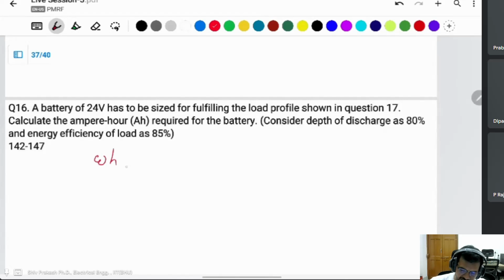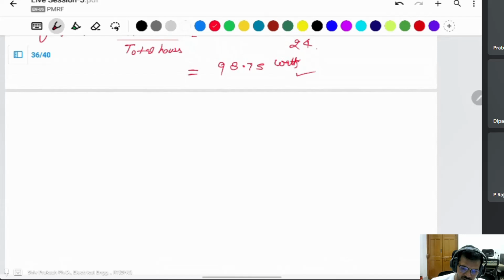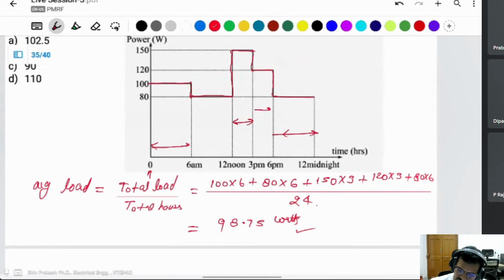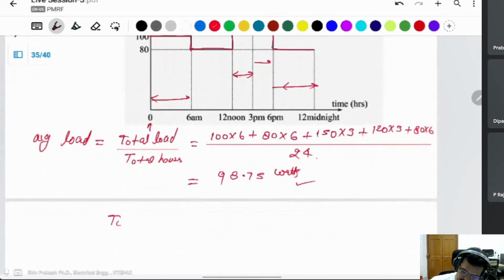The watt hour for the battery is the watt hour for the load divided by the efficiency of the load. First calculate the total load: 100 into 6 plus 80 into 6 plus 150 into 3 plus 120 into 3 plus 80 into 6. It will be 2370 watt hours.